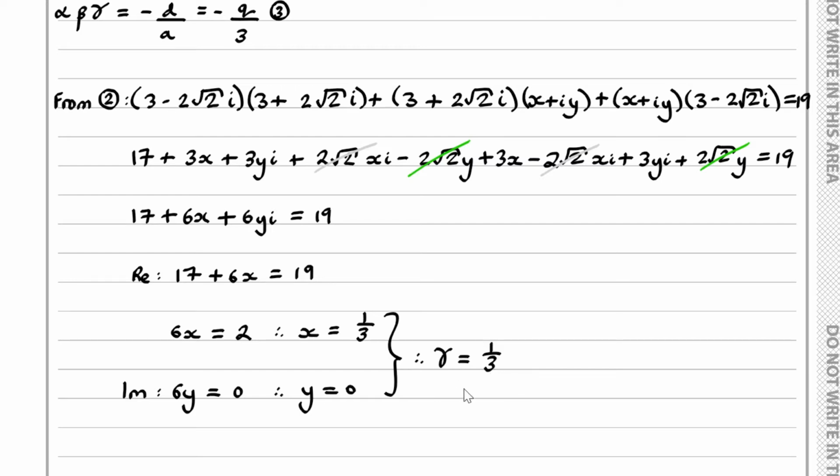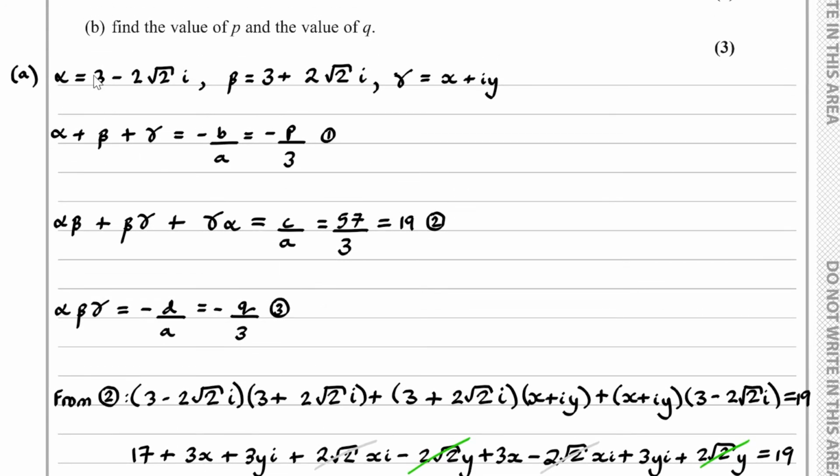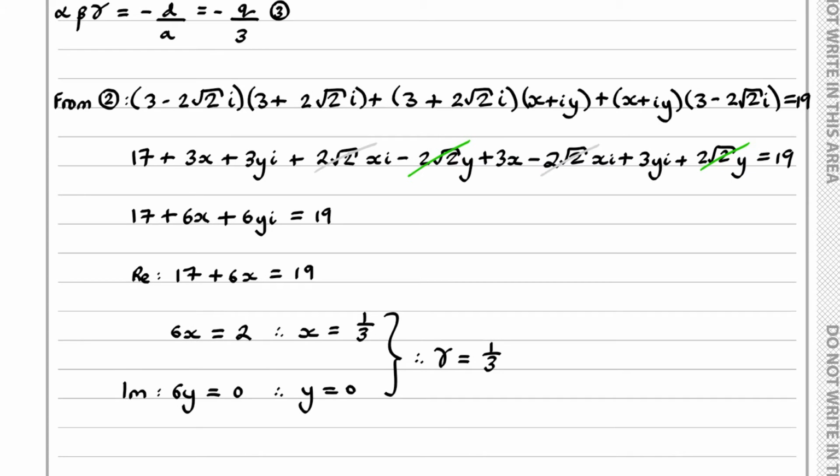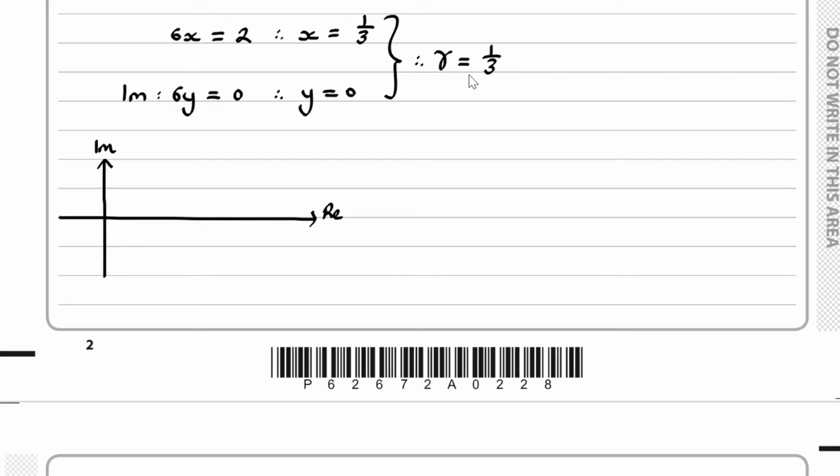So we now need to plot the 3 minus 2 root 2i, the 3 plus 2 root 2i, and the gamma on an Argand diagram. First of all, we've got our axis over here. We've got the real axis and the imaginary axis.